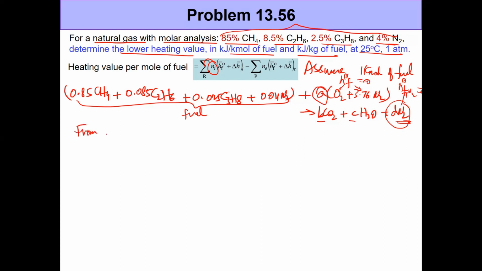So from mass balance, we are trying to determine the quantities for B and C. Those are important quantities. So let's do the mass balance for carbon first.